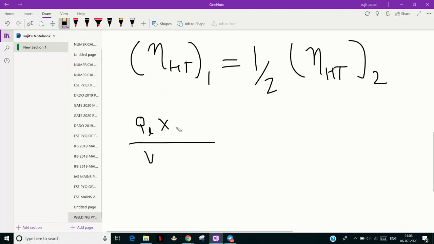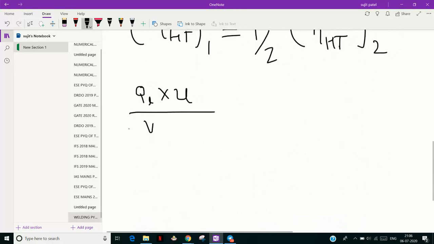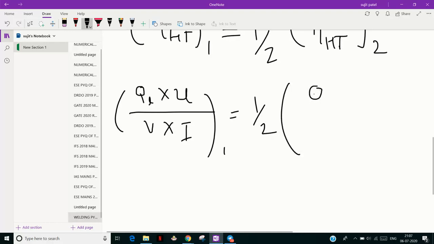For clarification, I am writing speed as u, so you do not get confused between voltage and velocity notation. So voltage into current for the first coupon is half of the heat transfer rate per unit length multiplied by u upon voltage into current for the second coupon.